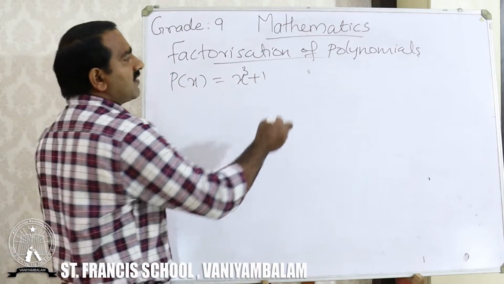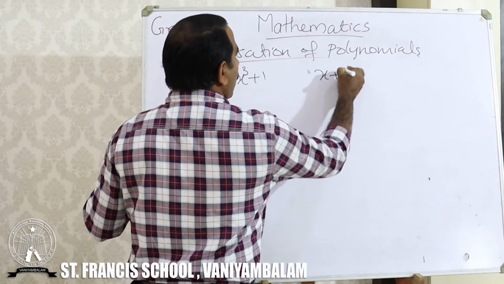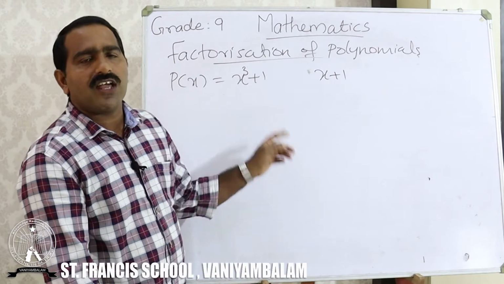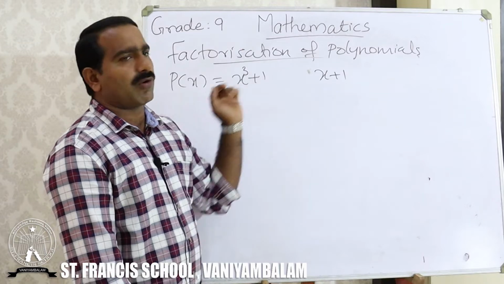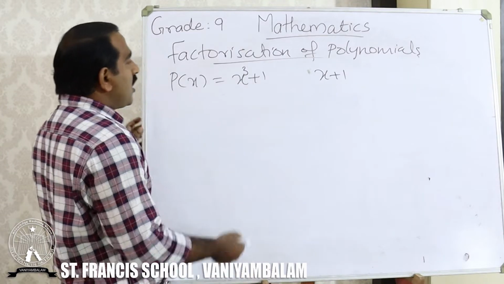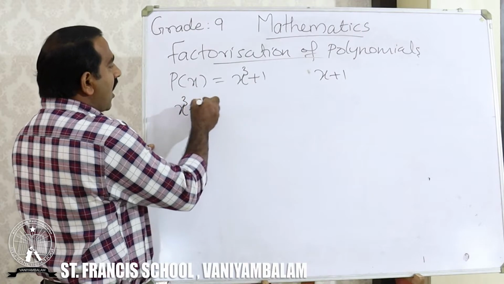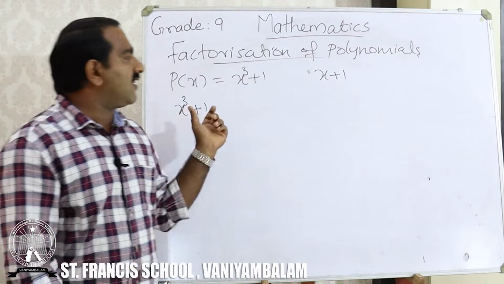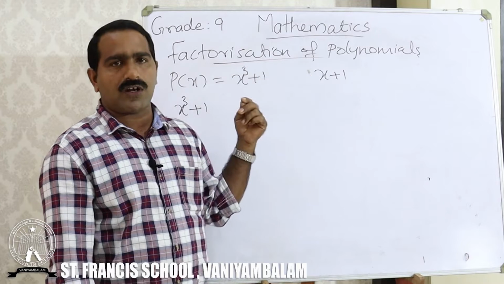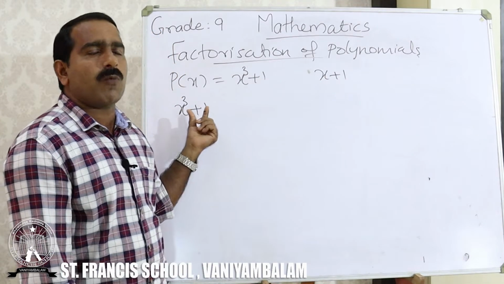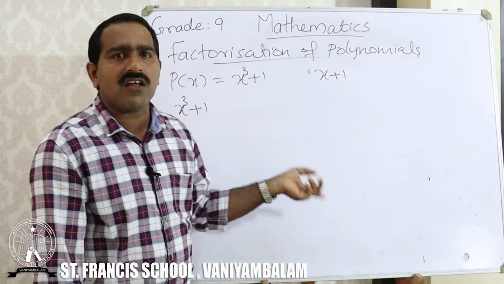As you know, x cube plus 1 will be a multiple of x plus 1 only if x plus 1 divides x cube plus 1, leaving remainder 0.